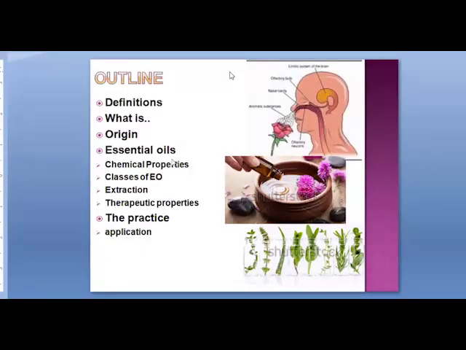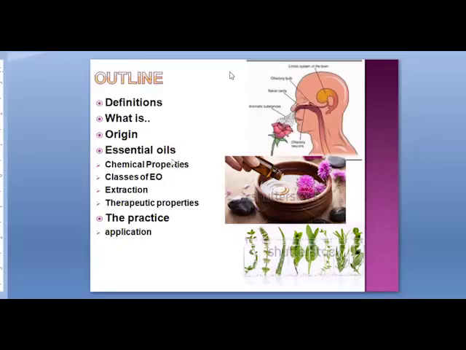A brief origin, and then essential oils, what they are, and like McLawrence has said, we're talking about the smell, be it pleasant, nice, or offensive, whichever way, but the whole idea is that it should bring some therapeutic effect on the person who's exposed to the smells.